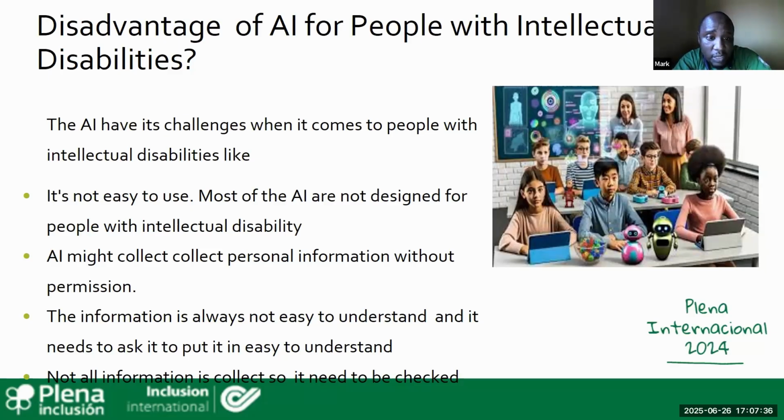AI may collect personal information without permission. The information is often not easy to understand, and you need to ask it to put it in easy to understand language. Not all information is correct, so it needs to be checked.